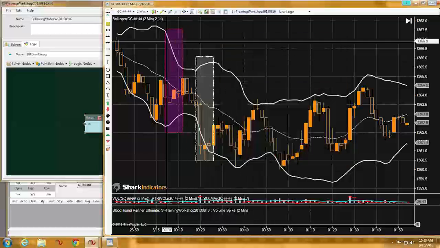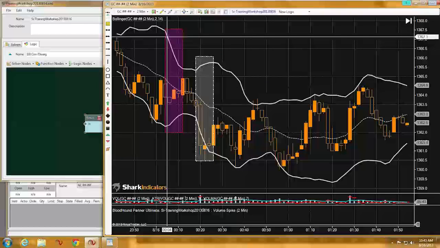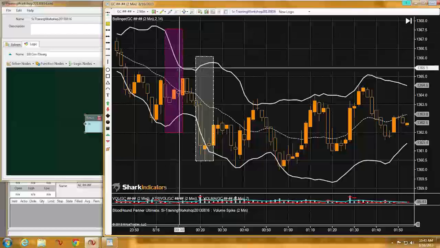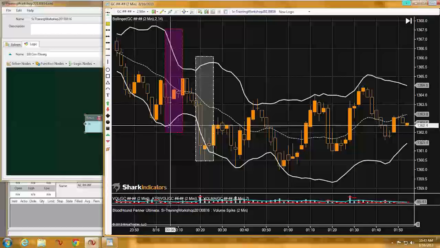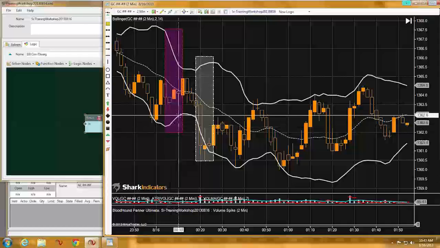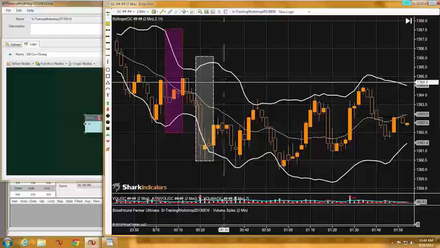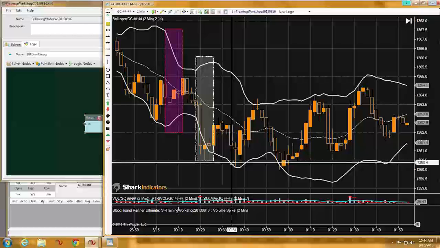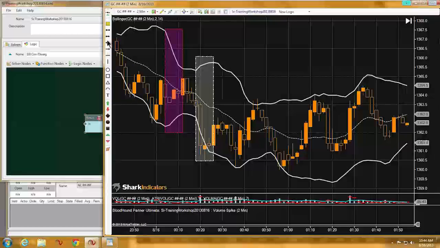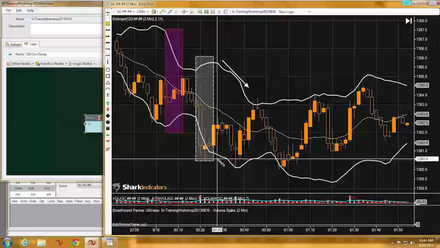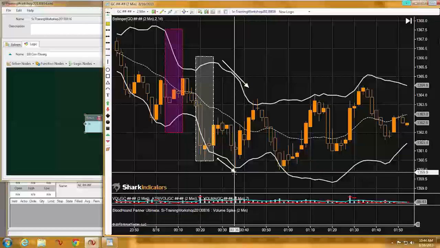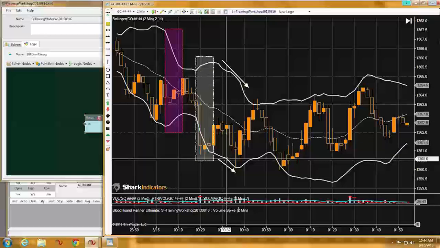All right, so we want to eliminate when they are converging. And this is easily seen because the upper one's sloping down and the lower one is sloping up. Now, where this becomes problematic is when both bands are sloping in the same direction. So we can see here, the upper band is sloping down, and also the lower band is sloping down. But they may be sloping down at different rates.